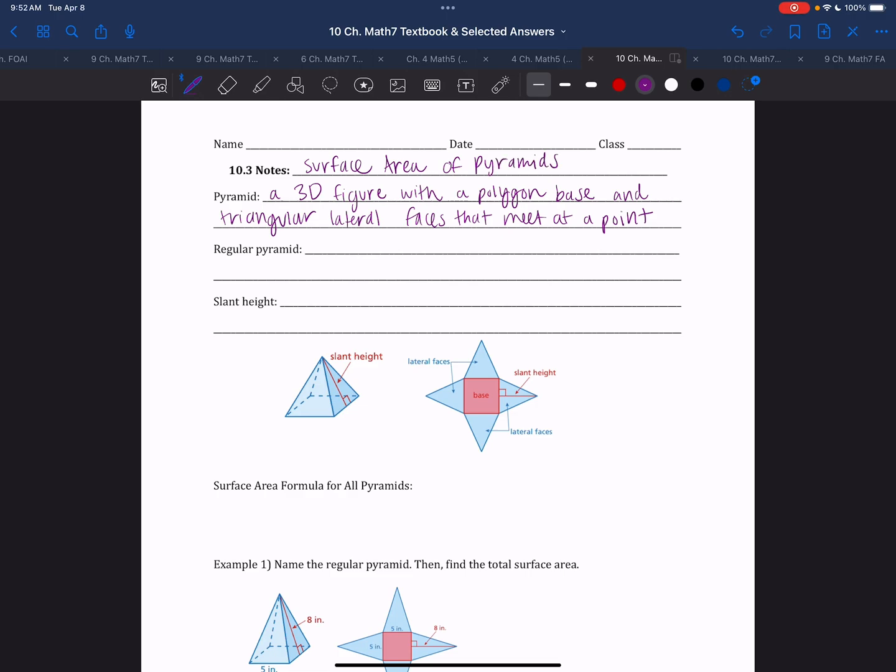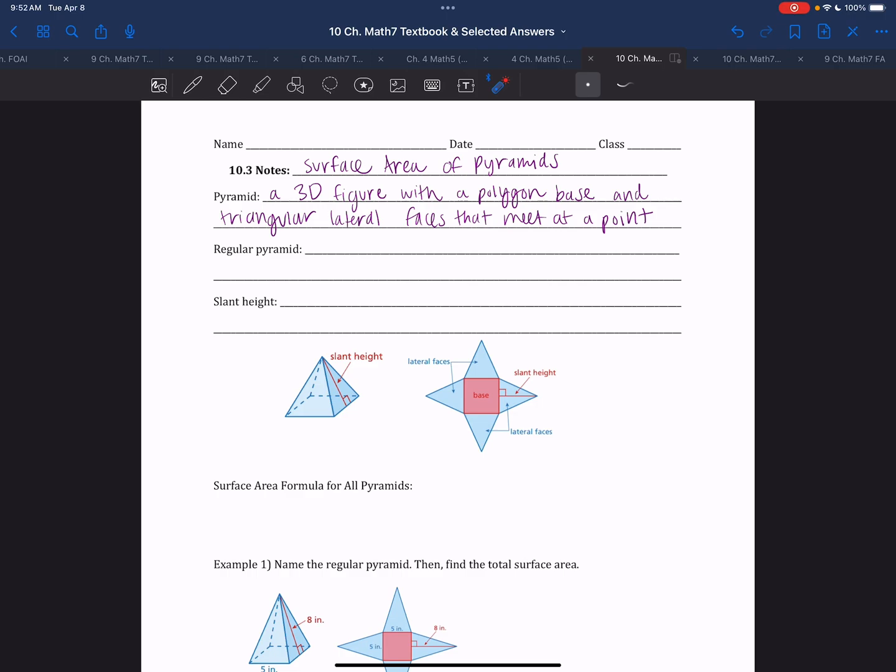Okay, so a regular pyramid then. So pause the video, talk about what is a regular polygon. See if you can remember what that is. All right, so a regular polygon means the polygon has congruent angles as well as congruent sides.